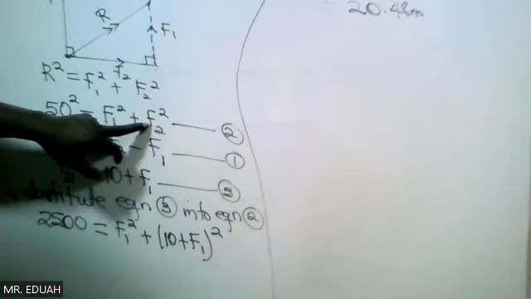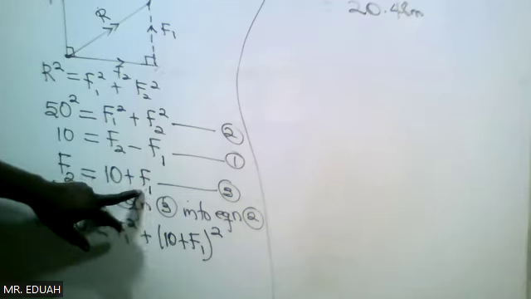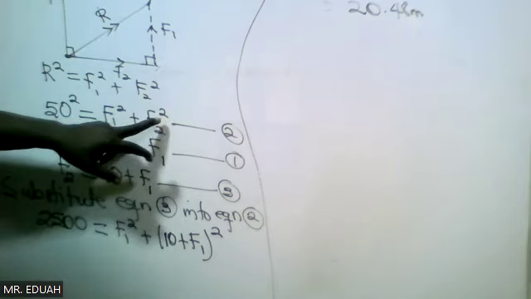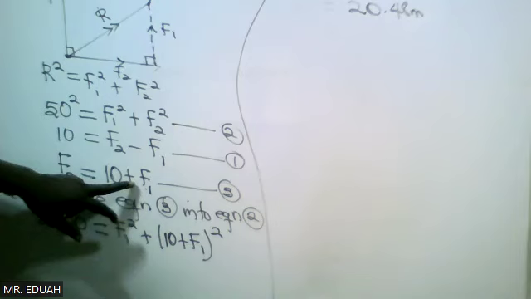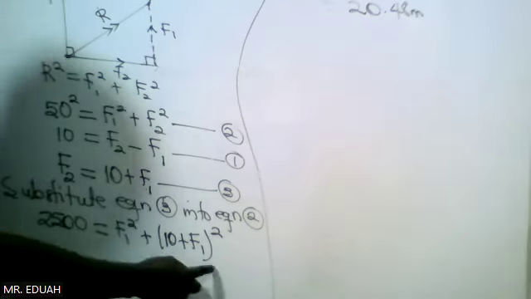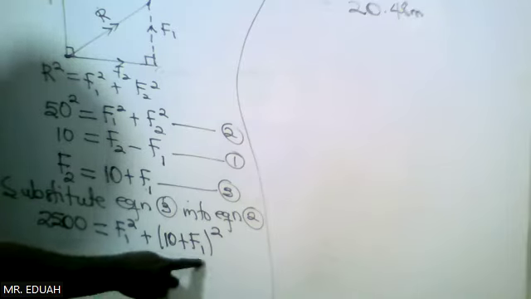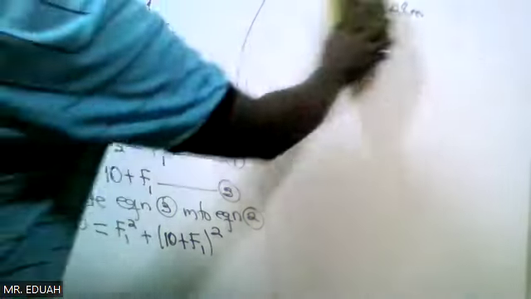So wherever you see F2, put 10 plus F1. But don't forget that this F2 is squared, so it will be 10 plus F1 squared. That's what I've done here. The substitution. Is that clear?